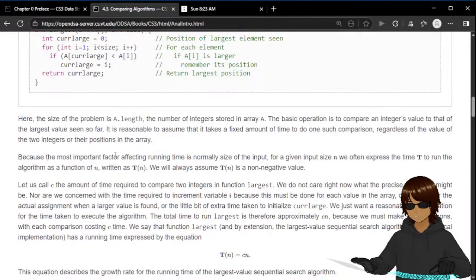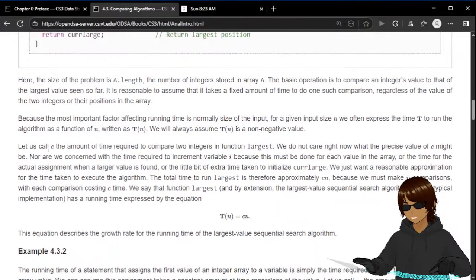The most important factor affecting the running time is normally the size of the input. For a given size n, we often express the time T to run the algorithm as a function of n, written as T(n). We always assume T(n) is a non-negative number. Let us call c the amount of time required to compare two integers in function largest.